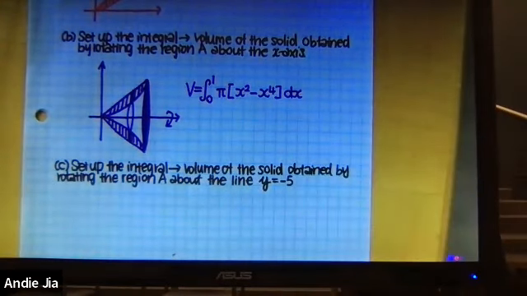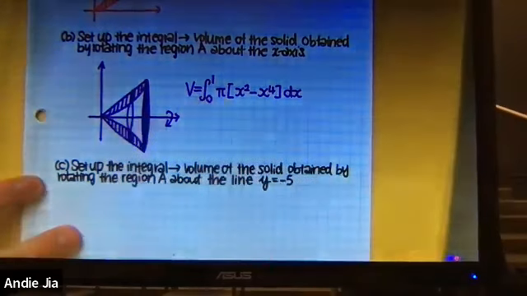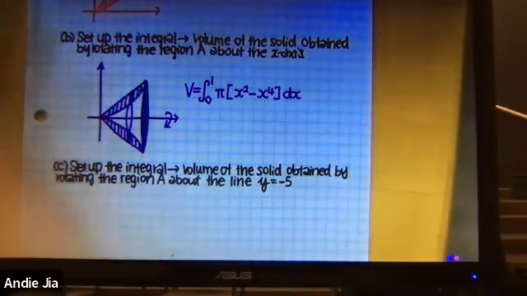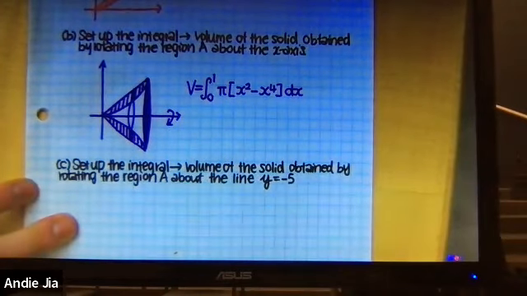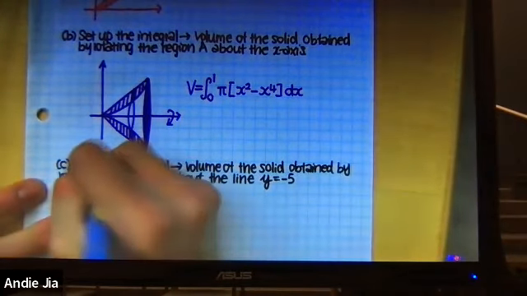Since -5 is under g of x, this region can be expressed with y equals -5 way under.